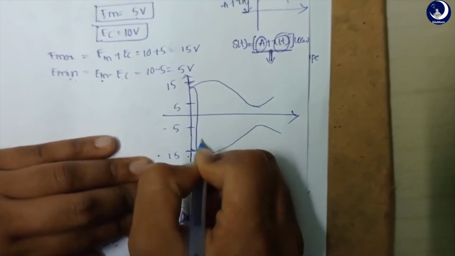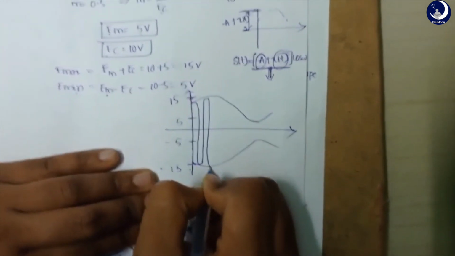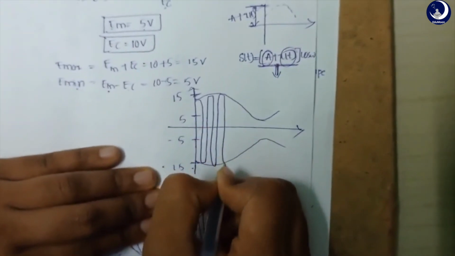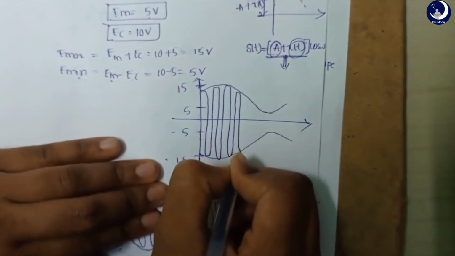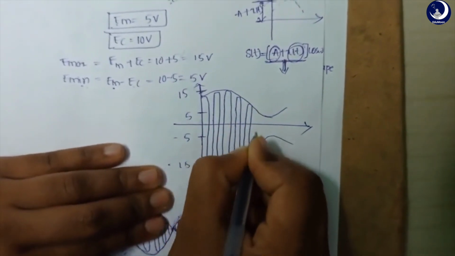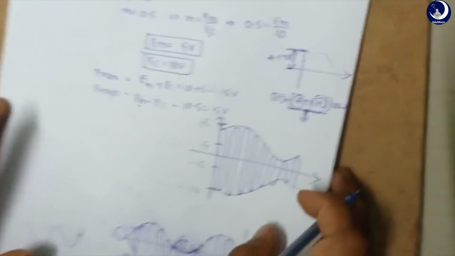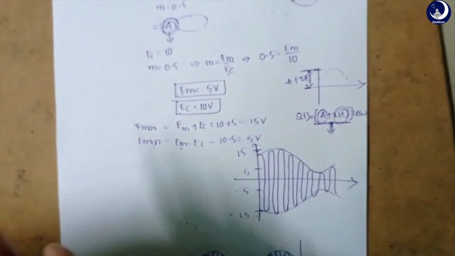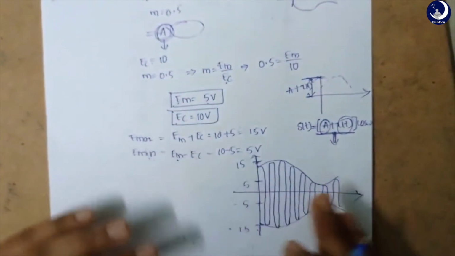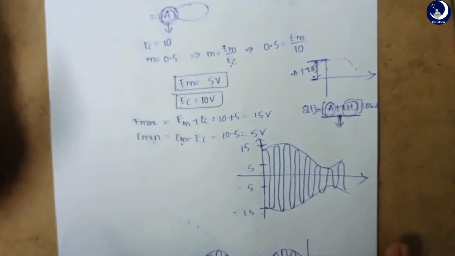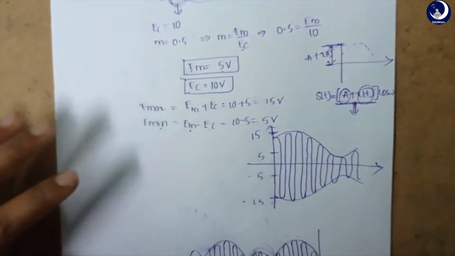So now we can construct our AM wave. This is how it is done, and I hope you do your homework regarding modulation index. There will be a lot of problems if you search in Google, and it will be more helpful.